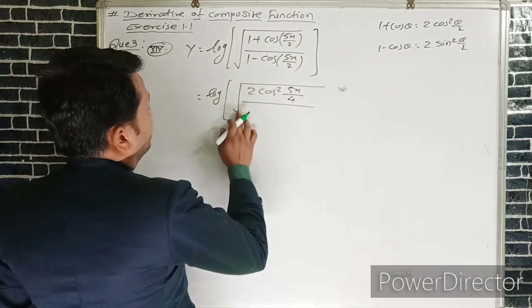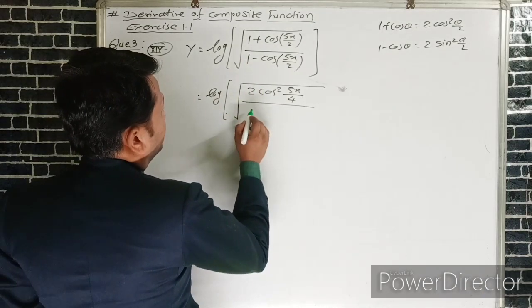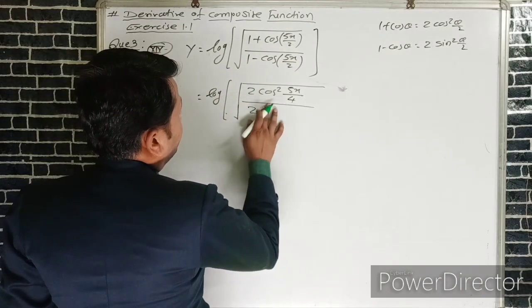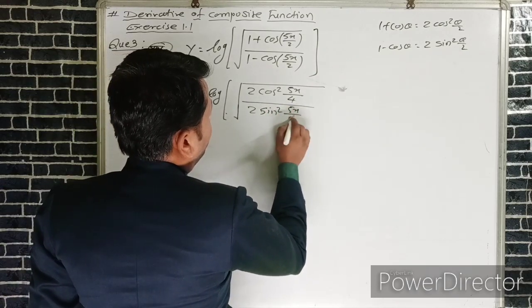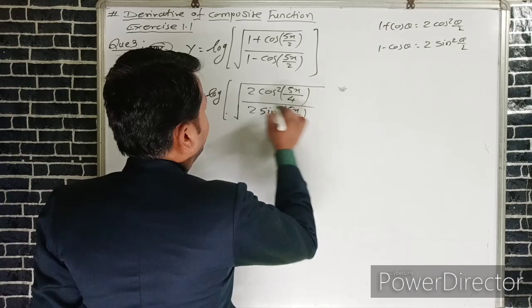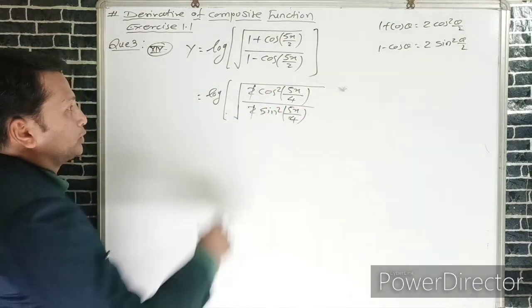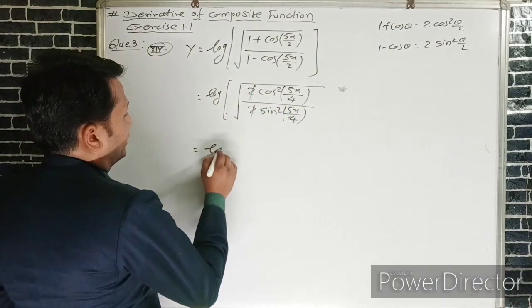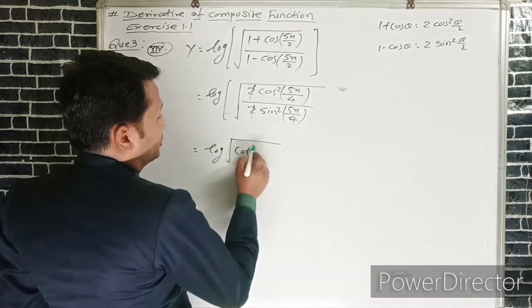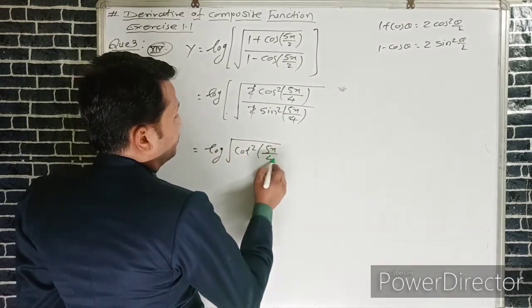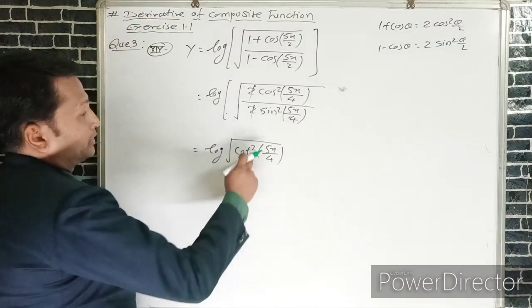Hence we can write the value of 1 minus cos of 5x by 2 is 2 sin square 5x upon 4. After that, similarly here 2 is cancelled. We know that cos upon sin is cot. Hence we can write cos square upon sin square is cot square 5x upon 4. Square and square root are cancelled.